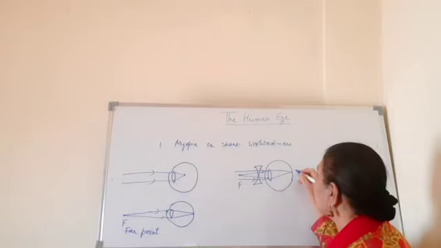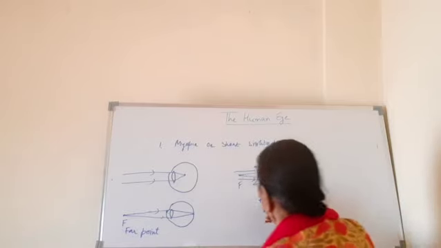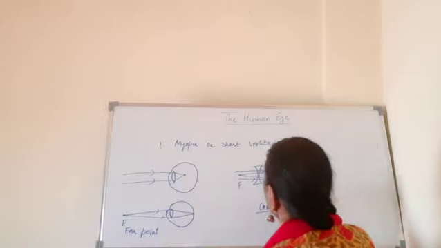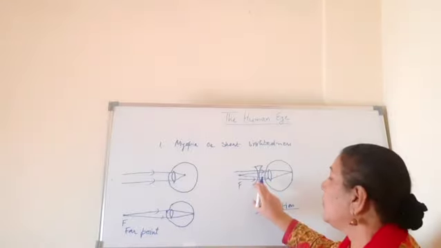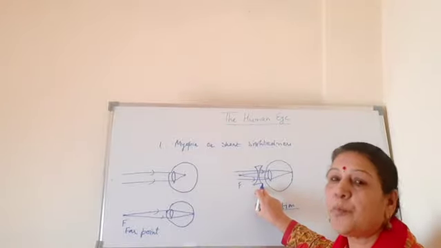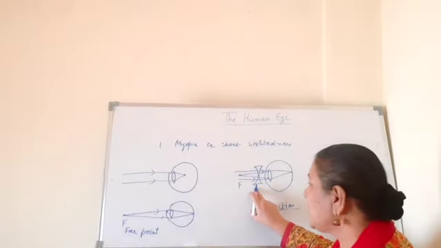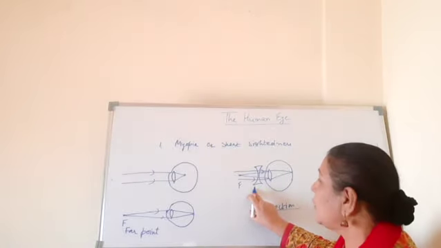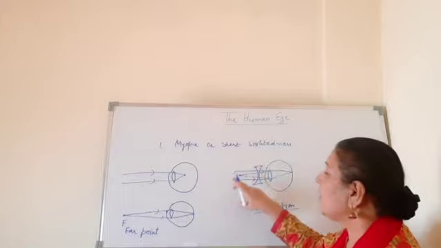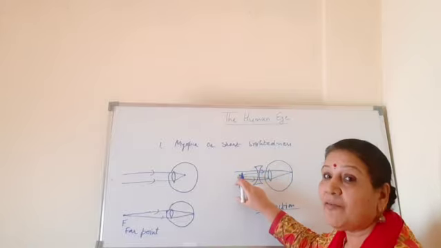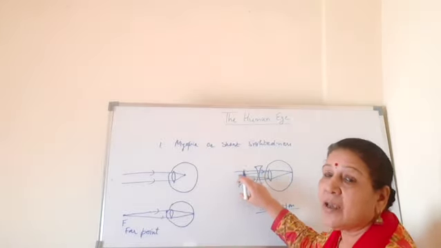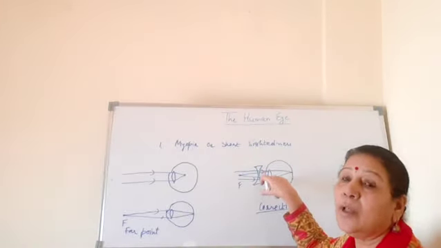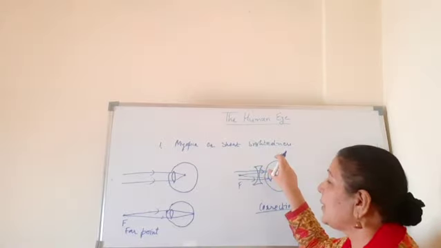So there the image is formed, and this is the correction of the myopic eye: a concave lens of appropriate focal length is used for the specs, so that it makes the virtual image at the myopic eye far point, and this is going to make the real inverted image at the retina.